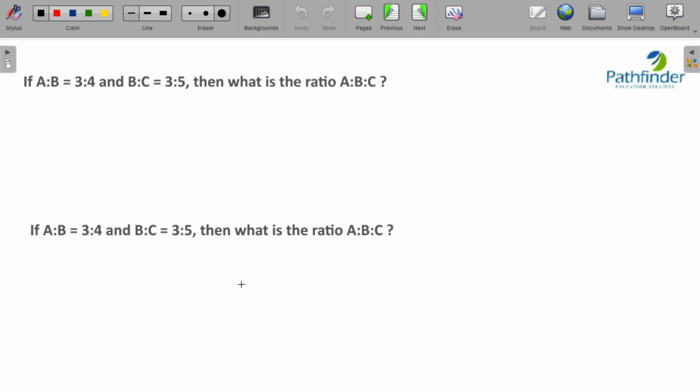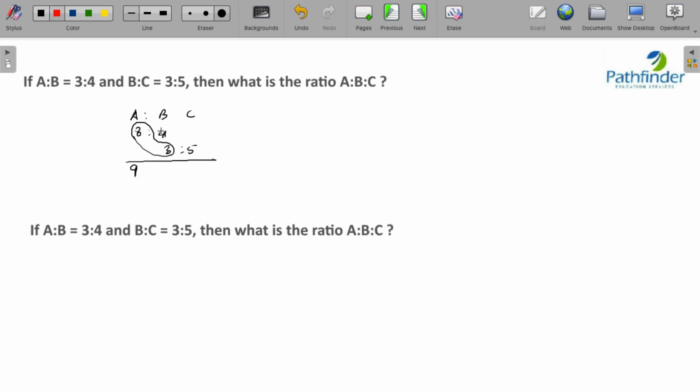Next. Now if A as to B is given as 3 as to 4 and B as to C is given as 3 as to 5. Now we want the ratio between A, B and C. So just write ABC in this fashion with the common term in between. So to get A, multiply these two terms, 3 into 3, 9.